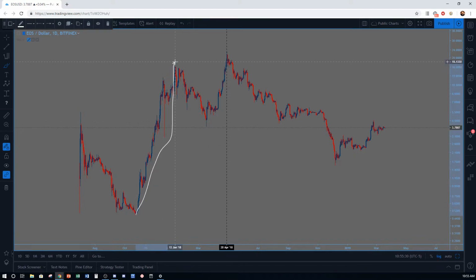In my opinion, the first move on the chart ended there. It did not end here. You could try to count this as some kind of A, B, C, large expanded flat type move. But I believe that the end of the move was here. Also note that we are looking at the log chart.